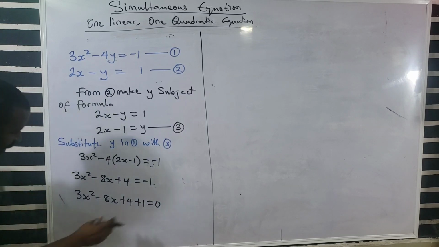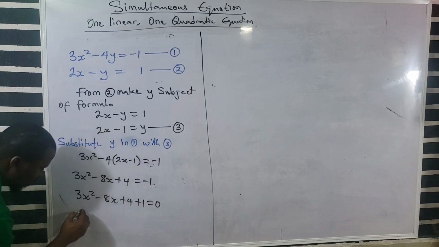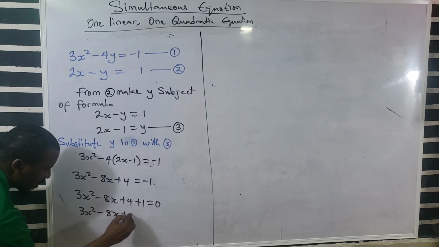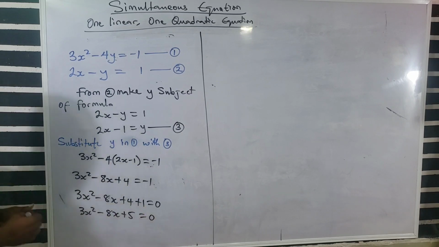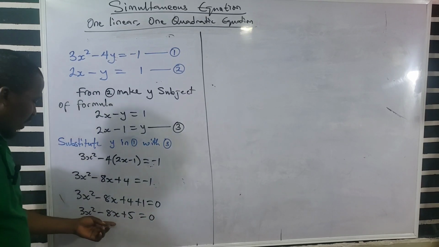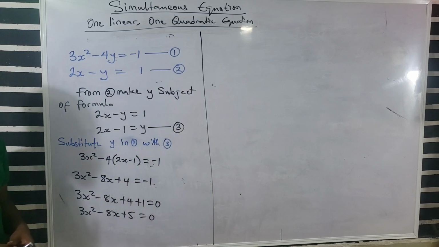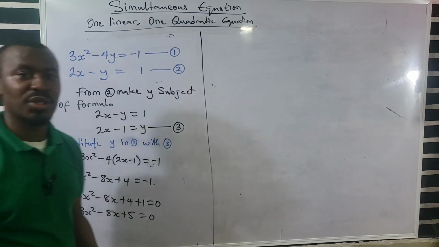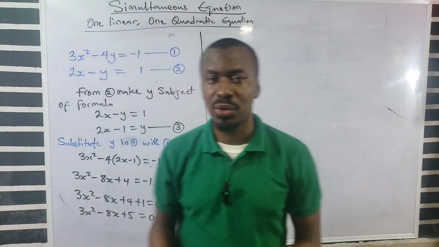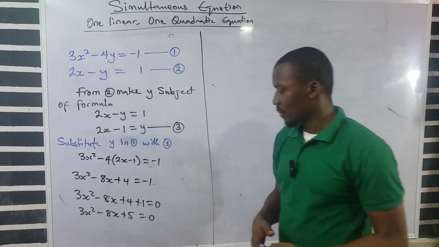So when you simplify that 4 plus 1, you will get 3x squared minus 8x plus 5 equal to 0. So you can see that what we have here is a quadratic equation. So the next thing to do is to factorize it. You can use factorization method, and you can also use formula method to solve that.